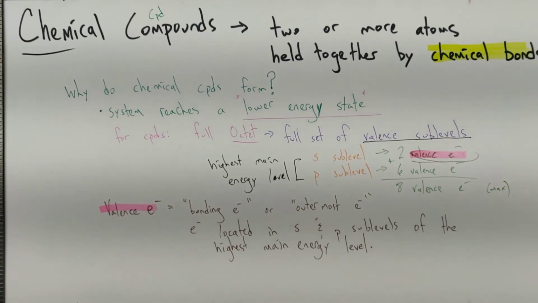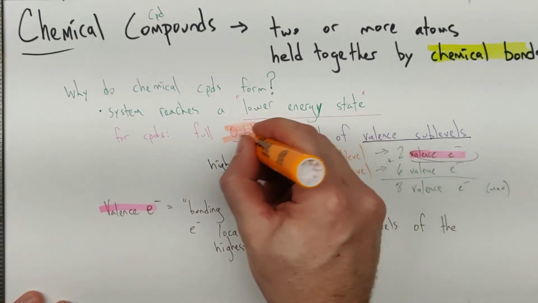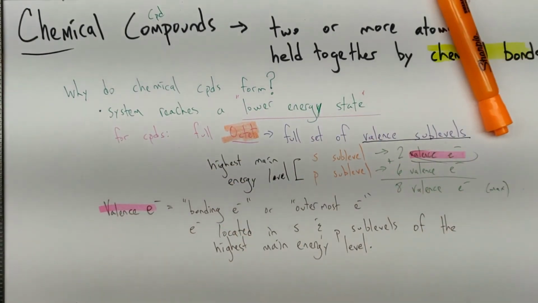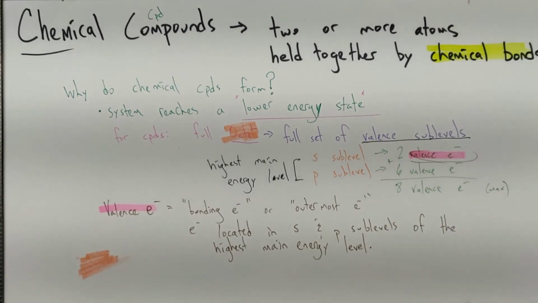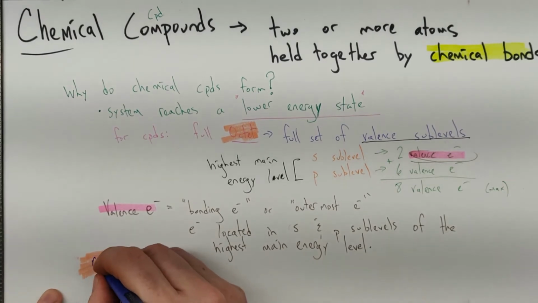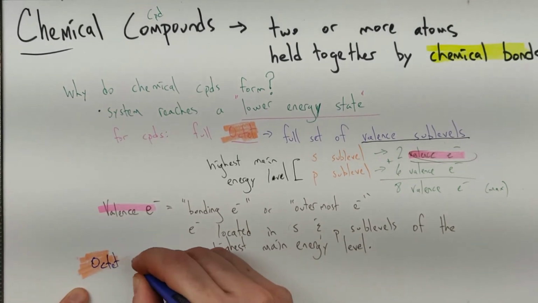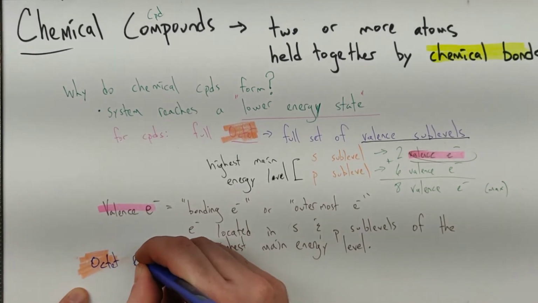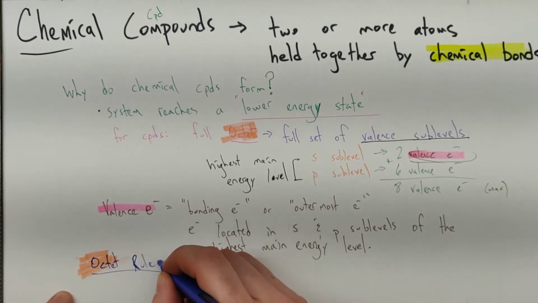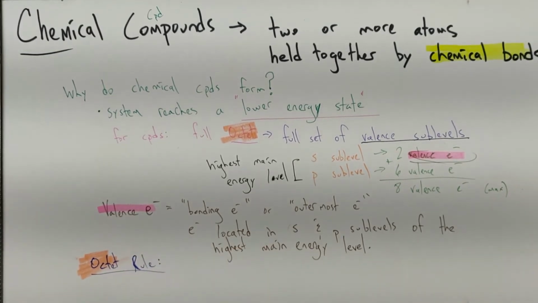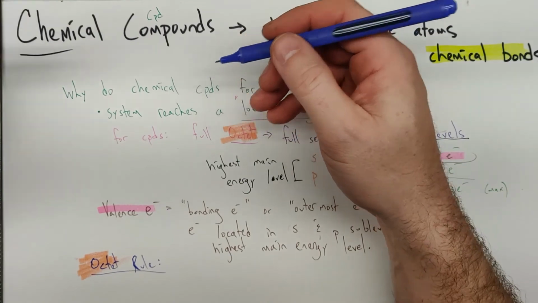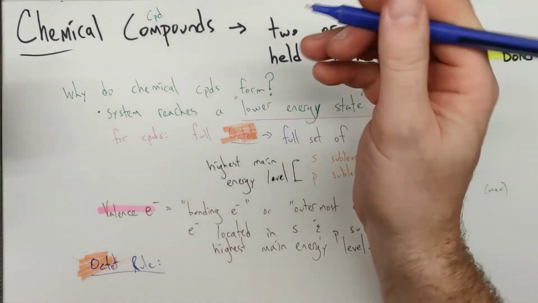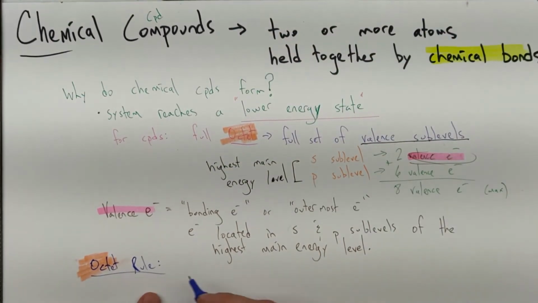Let's jump back here to our octet, and our octet rule. And I'm going to change the wording ever so slightly from what you traditionally see. I mean, if it's an octet rule, it's got something to do with 8. And generally, you'll see that definition as atoms tend to gain, lose, or share electrons in order to have 8 valence electrons. And that's true, all right? But there's a little more to it, all right?